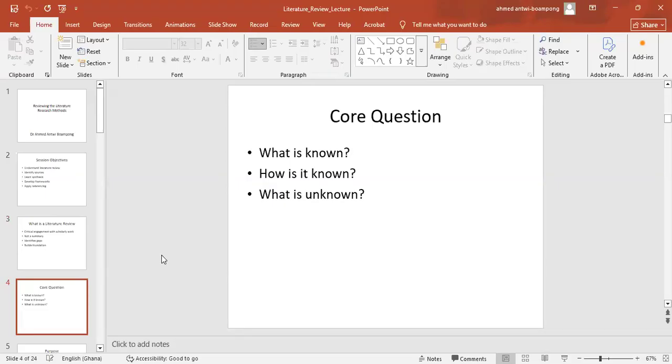Now you get other authors within that field, in Ghana and outside internationally, who would have done some work within that field. So your literature review must compare these studies.